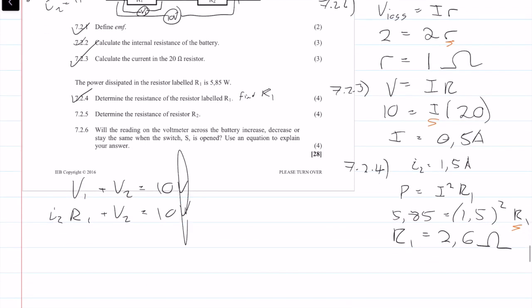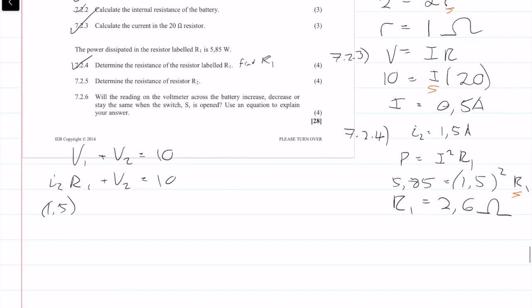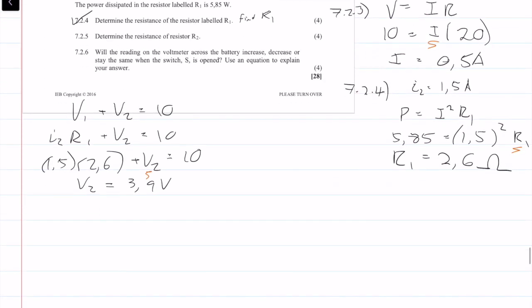I'm going to leave out the units actually. So we can say that I2 we calculate as 1.5 times R1, which is 2.6, plus V2 equals 10. If we carry that out, the only unknown here is V2. So we can say that V2 is equal to 3.9 volts. Now it's just a simple V2 equals I2 R2.